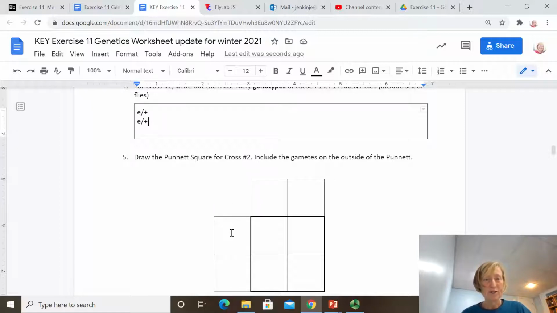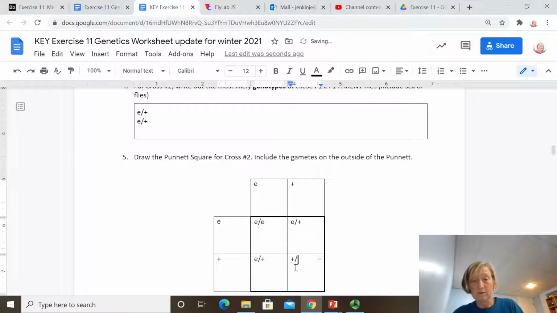So if I'm going to do the Punnett square for question number 5 for cross 2, I see that each parent can either donate a little e or a wild type allele to the gamete, right? These are the possible gametes that the female can make, that the male can make, and I can fill in the possible results, the expected genotypic and therefore also phenotypic results.